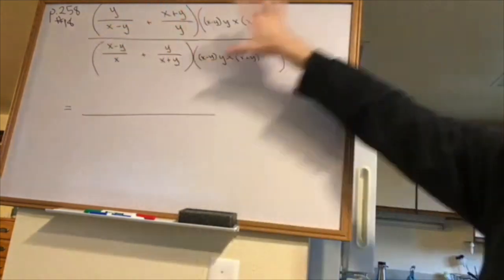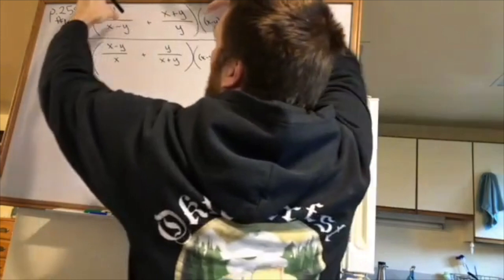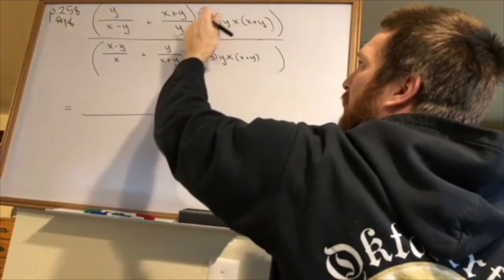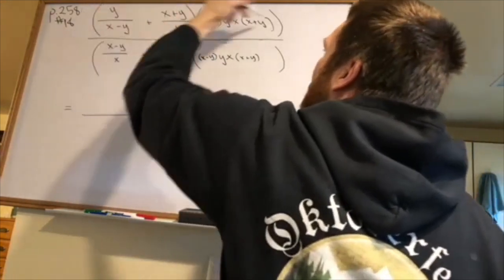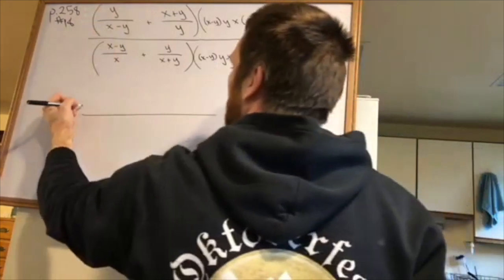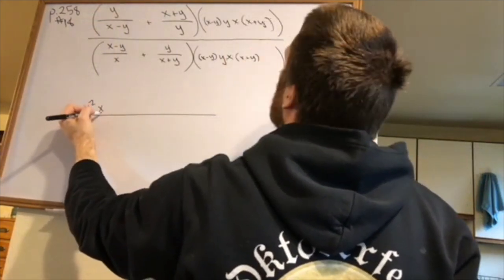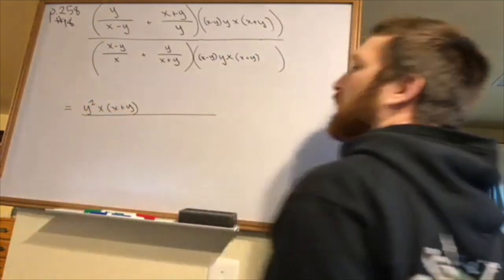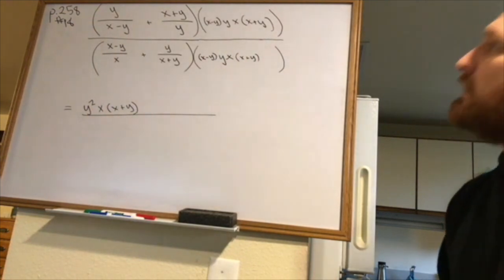If that one jumped over, the only thing that would cancel would be that x minus y, and I would pick up an additional y to give me a total of y squared times x plus y. Do you concur? Did I do that correctly? I think so.